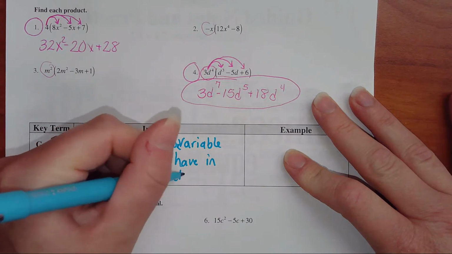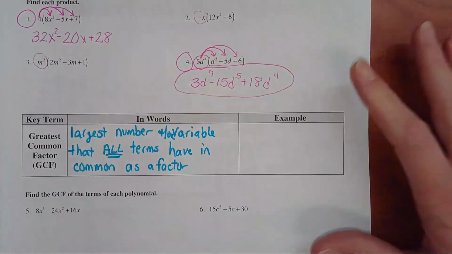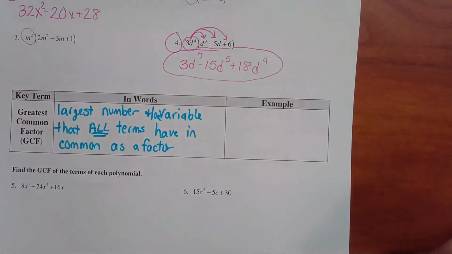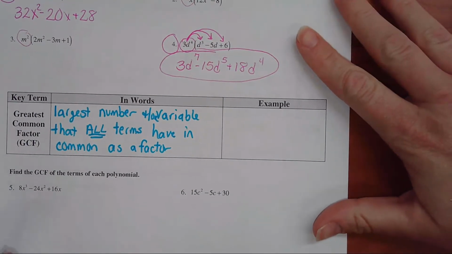When you're thinking of factors, you're thinking of numbers that divide evenly into. When you're thinking about variables, it's a little bit more difficult. I think that after today and even tomorrow, the variables will get a little bit easier.